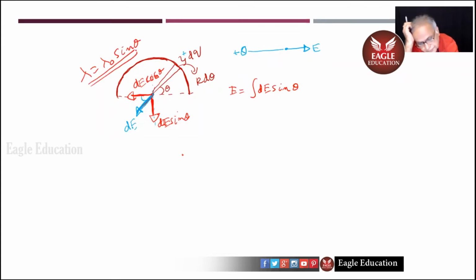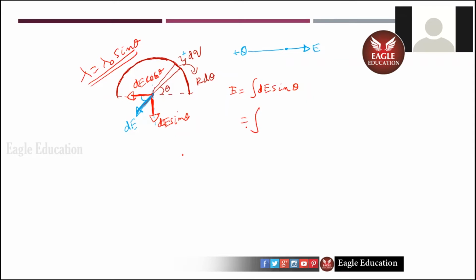Okay, sir. So can I say the symmetrically opposite elements will cancel? No, sir. You have to do it for only one element. We'll see anyway. That means you can think that this is there, that is there, and do both of them. But remember, though lambda is lambda 0 sin theta, it is a symmetric function. So still you can show that this component will be 0. We'll see slowly. So now what shall I do after this?